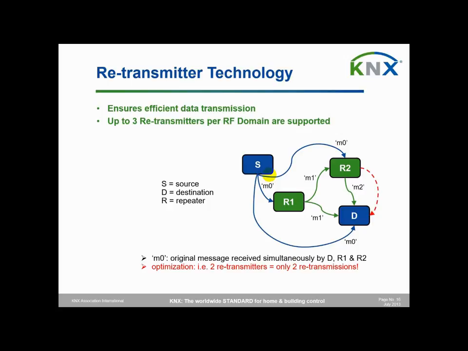It literally means, the optimization means, if there are 2 retransmitters, then there will only be 2 retransmissions, and not more. Okay, I guess that's clear.